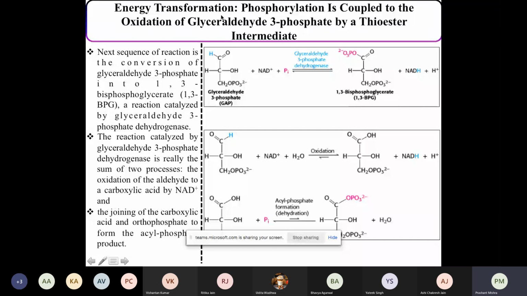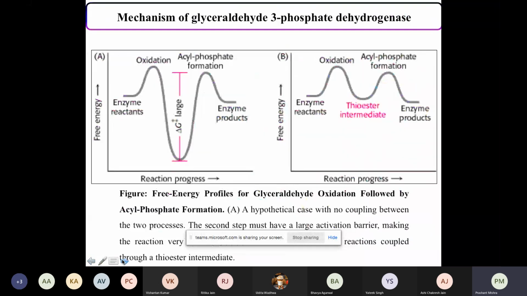These are the steps where energy-forming molecules are actually generated. So you get NADH in this reaction, which will further produce ATP in oxidative phosphorylation. That part we'll discuss separately. But what you get as a resource is NADH and ATP. Any question, we can talk about it.